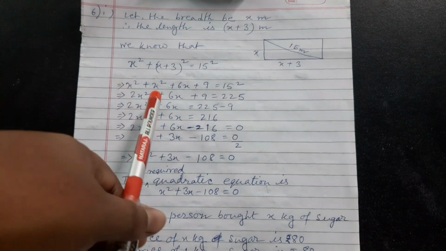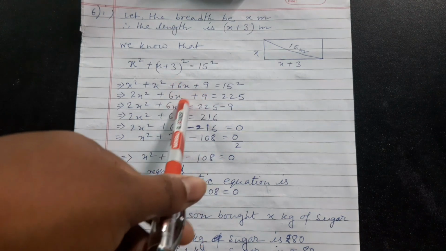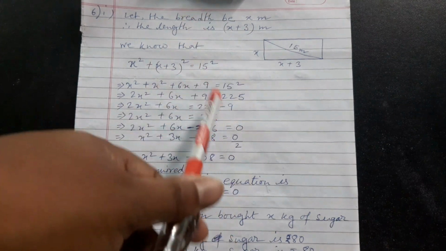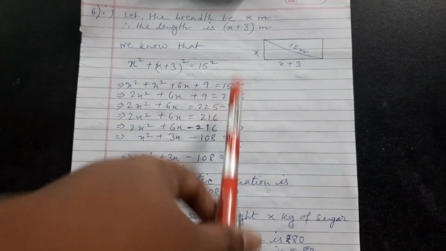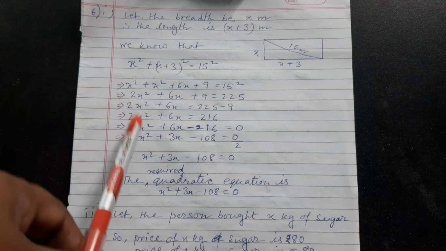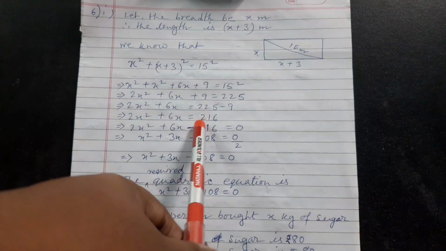Next, 2x square plus 6x equals, we move this 9 from left to right, it will change its sign, so it will be 225 minus 9. Now 2x square plus 6x equals 216.